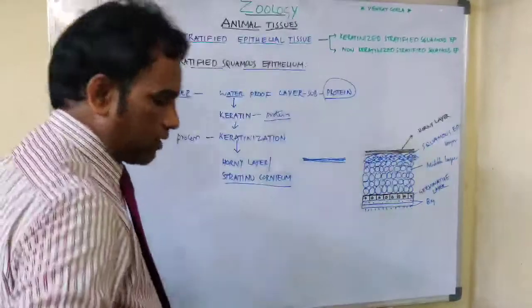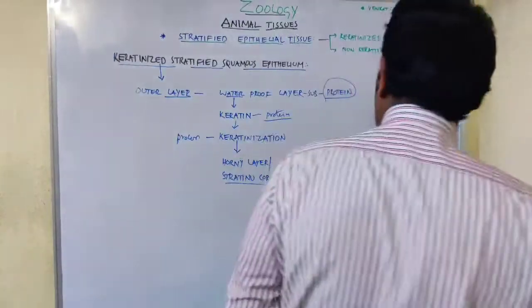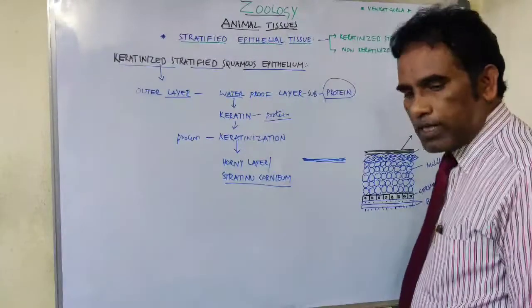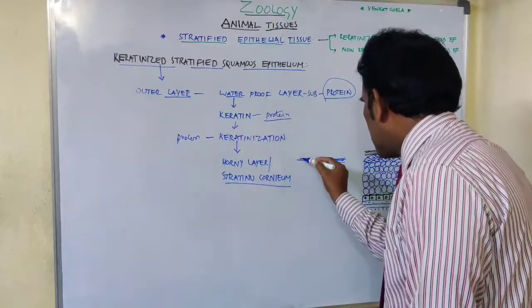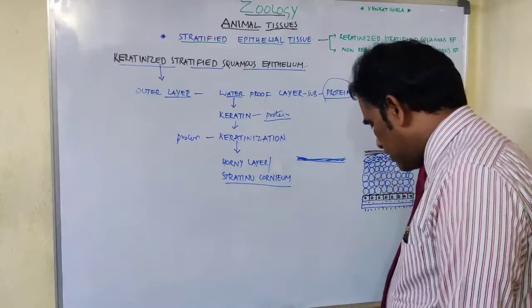So stratum corneum is waterproof and it prevents mechanical abrasion. This is called the corneal layer.